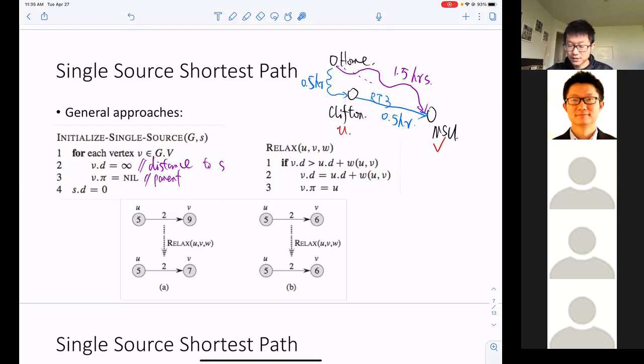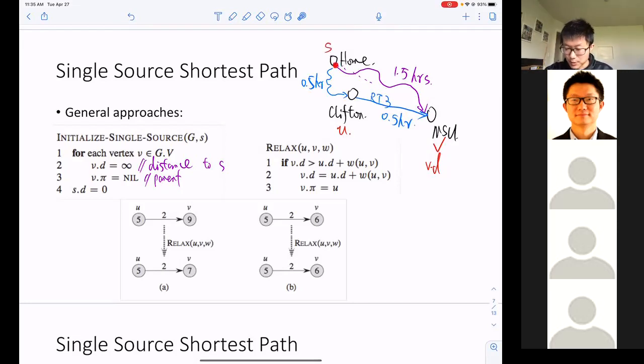What this relax function does is that if V.d is larger than U.d plus w(U, V)... V.d is basically the minimum distance from the source node, which is your home, to the node V that has been found.